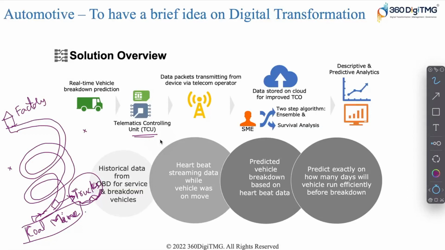Then you connect that TCU or ECU to something called OBD, onboard diagnostics, and the truck will start sending you real-time data packets. Those data packets will come to the network, get transported, and get collected on the cloud.